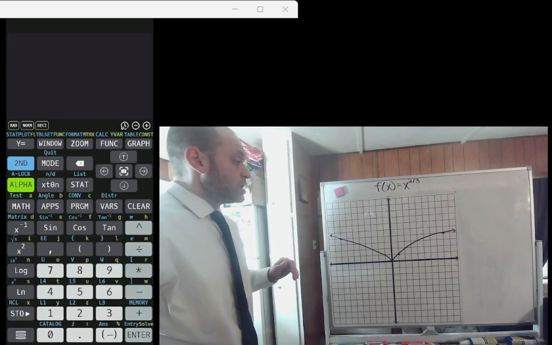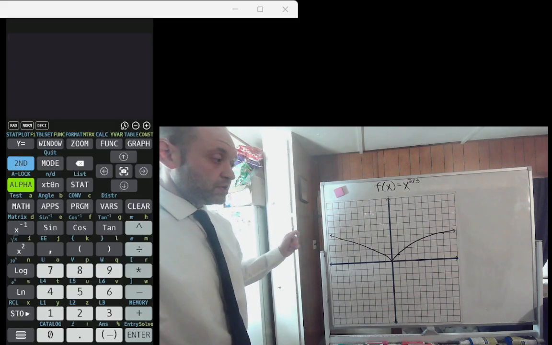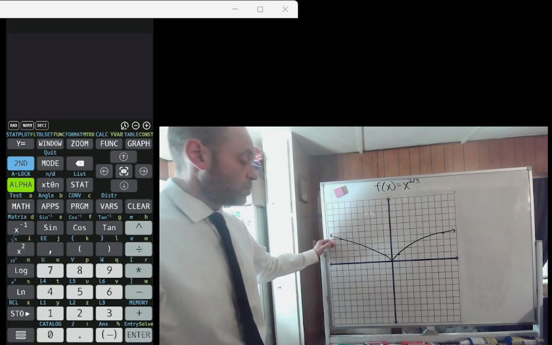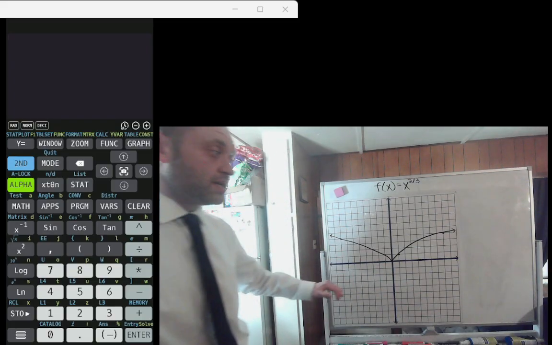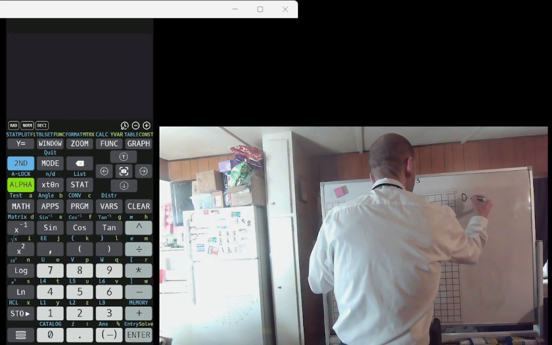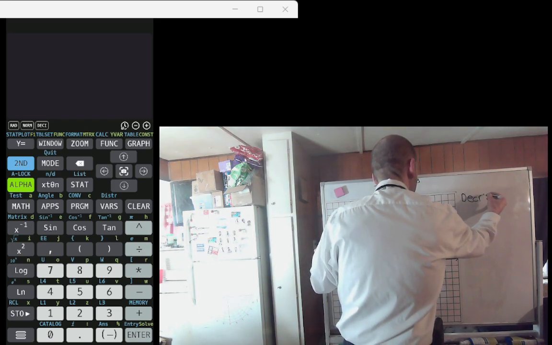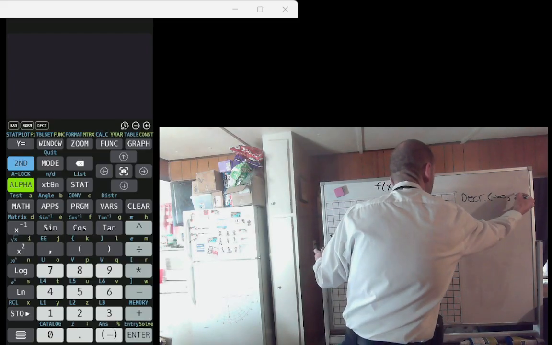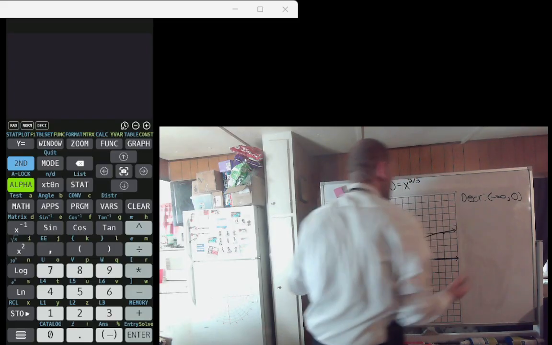Now, if you look from negative infinity right to x equals 0, your y values are decreasing, and it doesn't decrease anywhere else. So the function is decreasing on the interval from negative infinity to 0 non-inclusive.